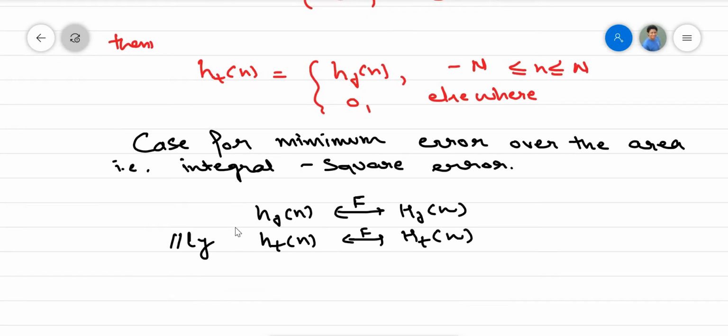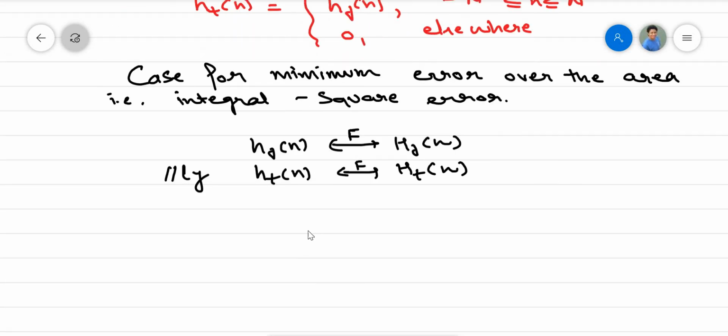We already know this omega sequence will be continuous in nature, whereas this one is a sampled sequence, right? So the minimum error over the area, that is integral square error, can be determined using Parseval's relation, right?